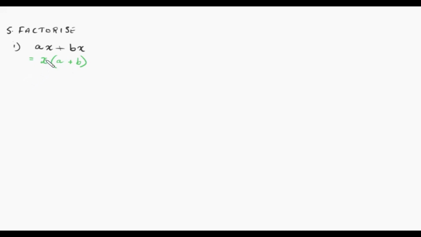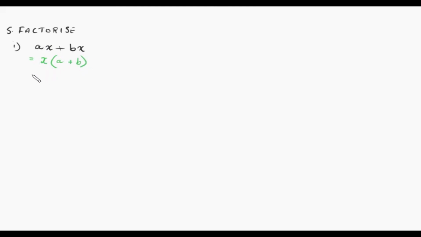So we put it outside the bracket, then inside the bracket we are left with other factors being a plus b. Why? Because if you say x times a, you are going to get ax. x times positive b is going to be plus bx.